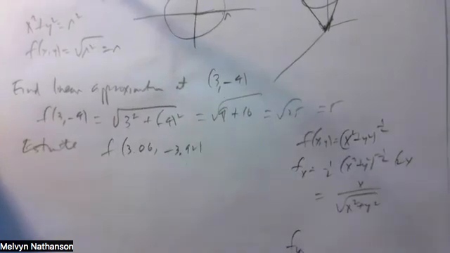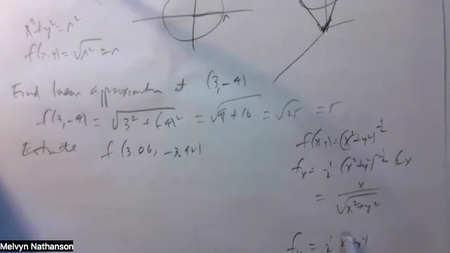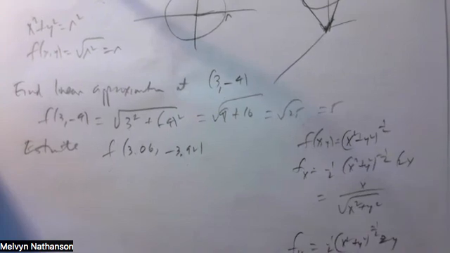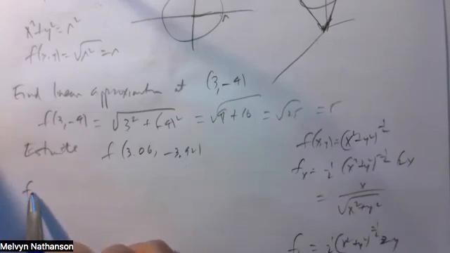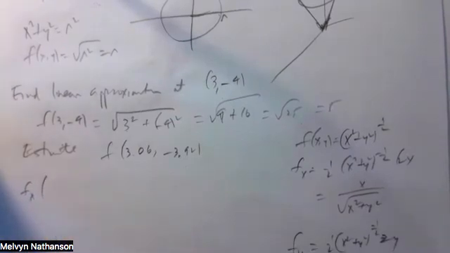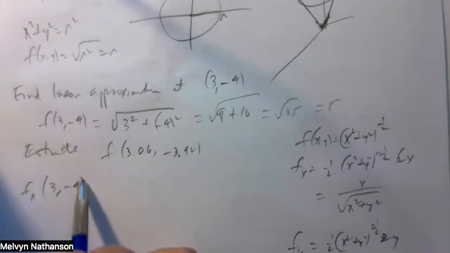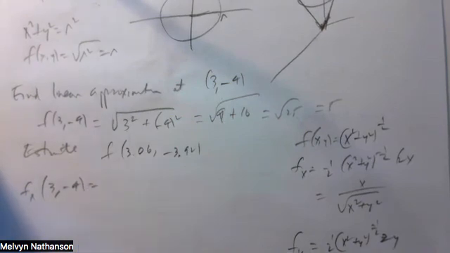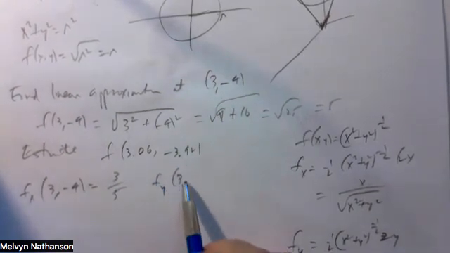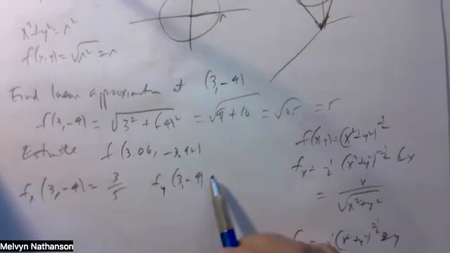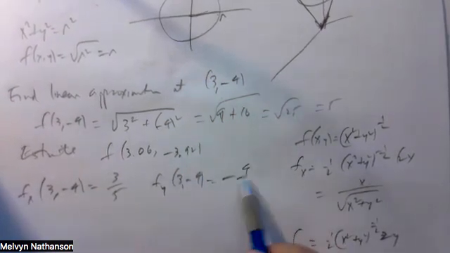And the partial of f with respect to y is 1/2 x squared plus y squared to the minus a half times 2y, which is y over the square root of x squared plus y squared. So the partial of f with respect to x at the point 3, minus 4 is 3/5. Partial of f with respect to y at 3, minus 4 is minus 4/5.